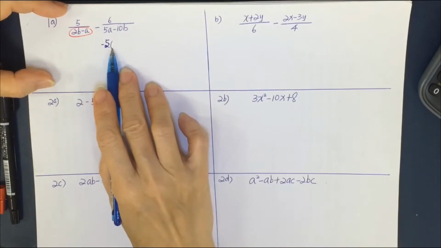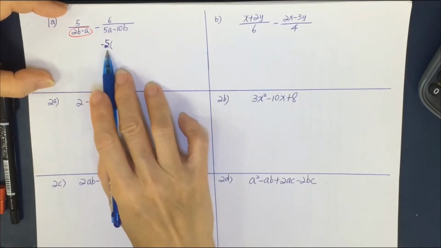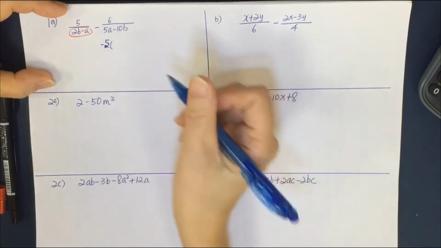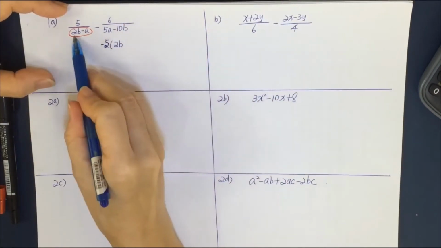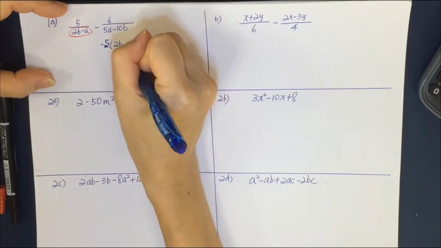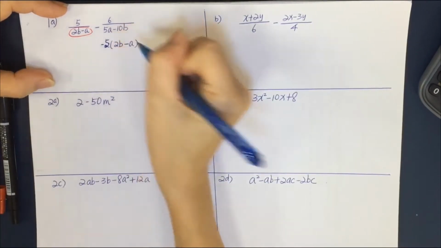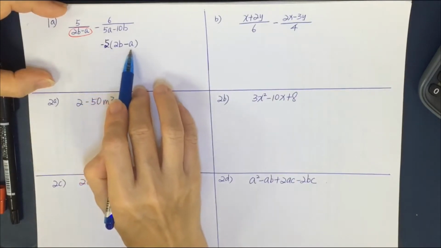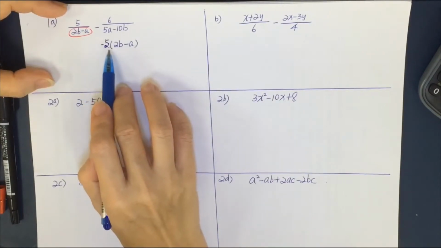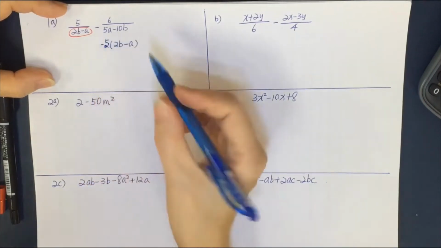So I'm bringing negative 5 out, and my purpose is to make this 2b. See, 2b here, and then I'm having minus a. So negative 5 times 2b minus a, so when I multiply, I get back this one.